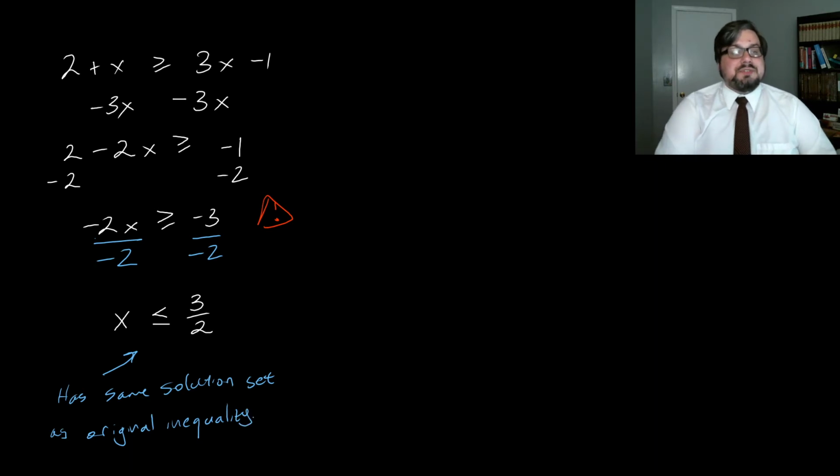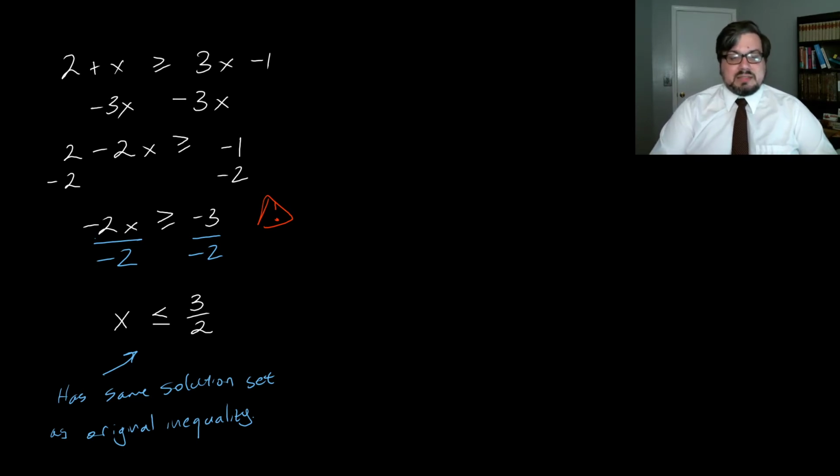The difference is that the inequality x is less than or equal to 3/2 is really easy to understand because we've just got x by itself, and so we can just ask, is that number less than or equal to 3/2? And if so, then it's a solution to the inequality.